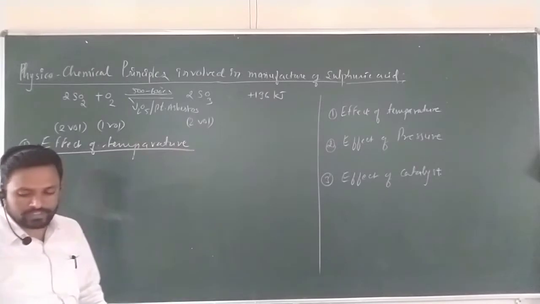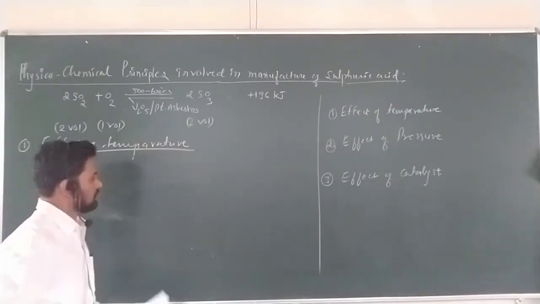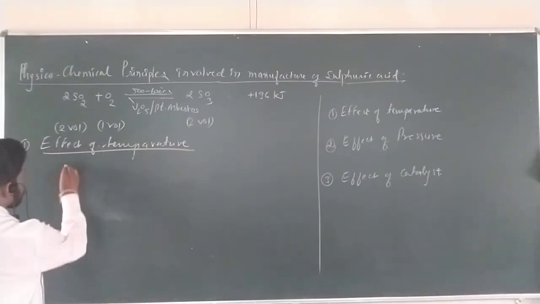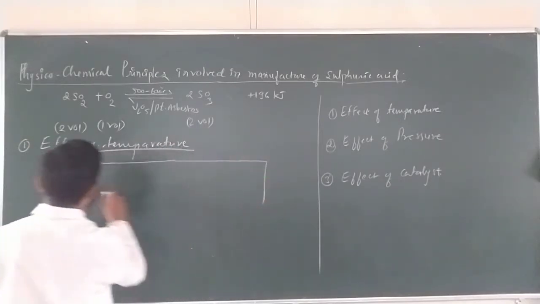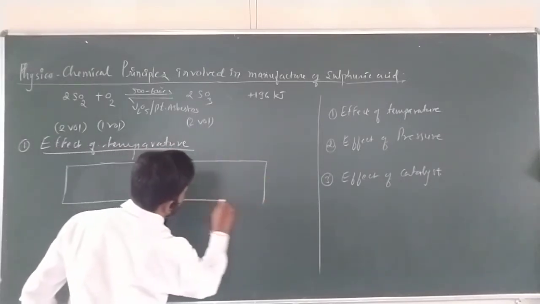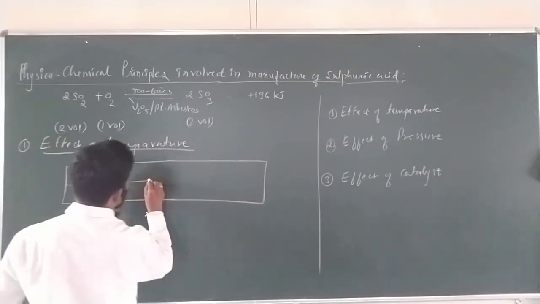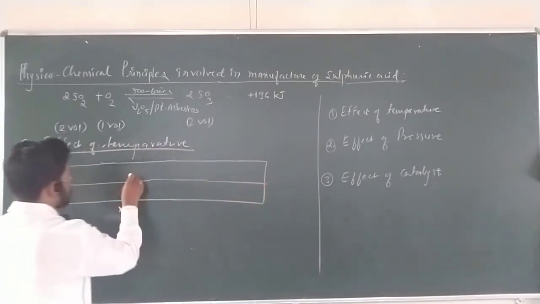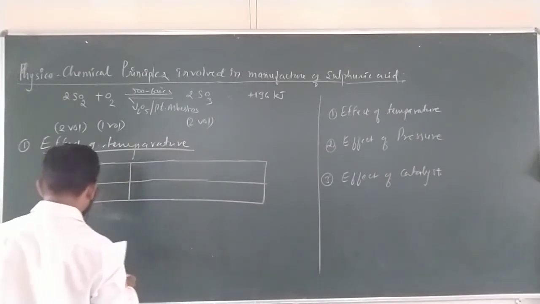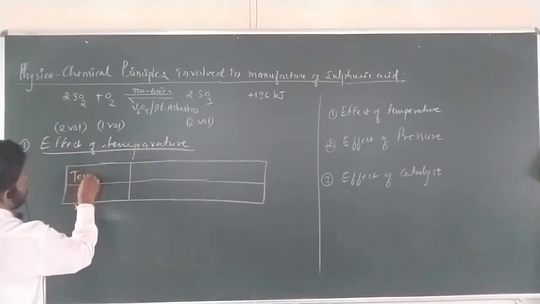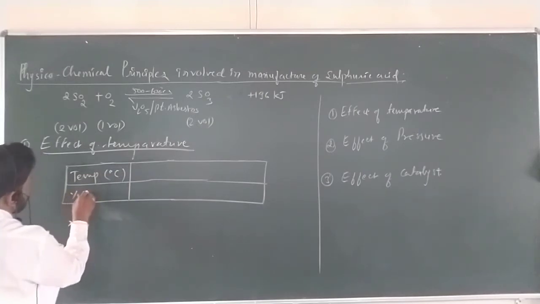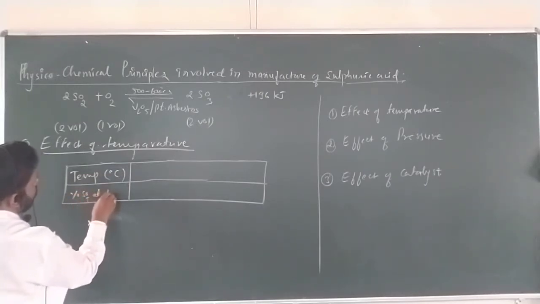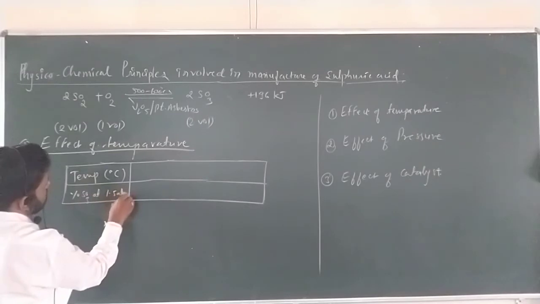To study the effect of temperature, I will write a table. Since the reaction is already exothermic, a lower temperature is required. Here we can see temperature in degrees Celsius and the percent formation of SO3 at 1.5 atmospheric pressure.